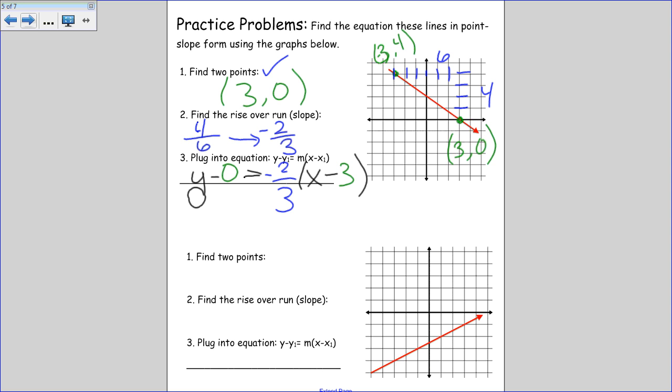Okay? I could leave it like this, or do I need to say y minus 0? Remember, when you subtract nothing, do you need to really say that? No, so I could simplify it to say y equals negative 2/3 times the quantity x minus 3. Okay? Go ahead and try the next one by yourself.